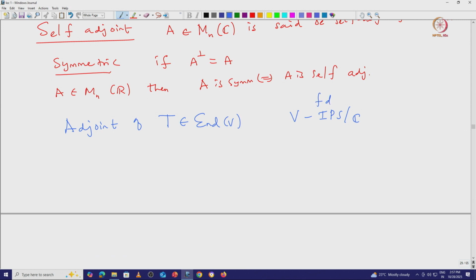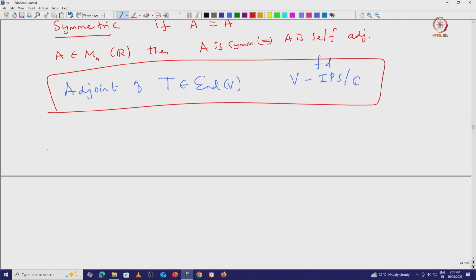We can just assume it to be finite dimensional, not a problem. So, what is the adjoint of T? Given T, we have a unique operator T star satisfying the following condition. That is called the adjoint of T.